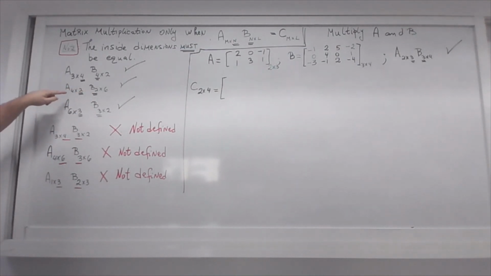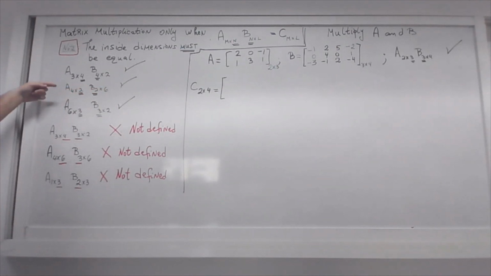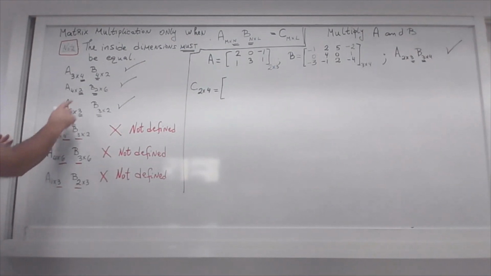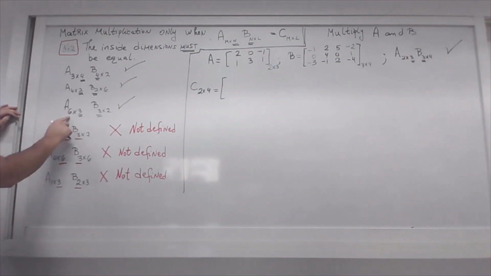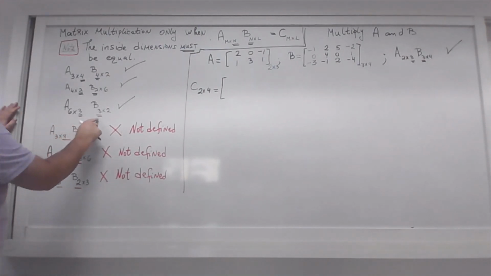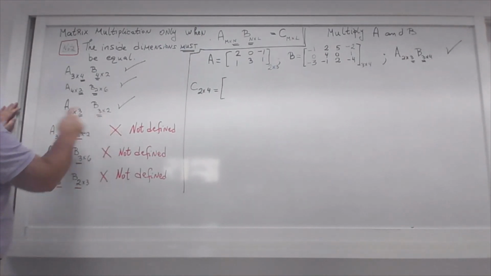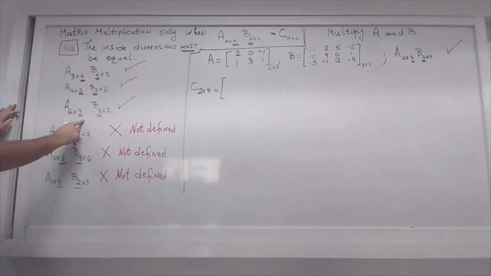So the resulting matrix here will be a matrix C of size 4 by 6. What matters is that the inside dimensions fit. Another example, I have 6 by 3, and I can multiply by a 3 by 2, for instance, because the inside dimensions fit, they are equal. The resulting matrix will be matrix C of size 6 by 2.